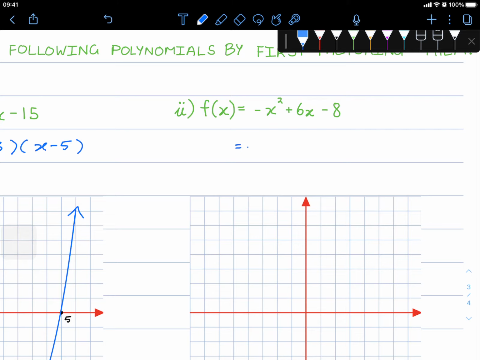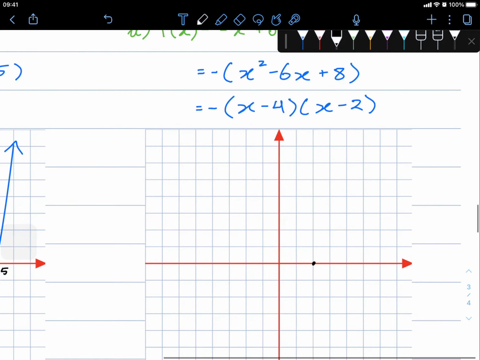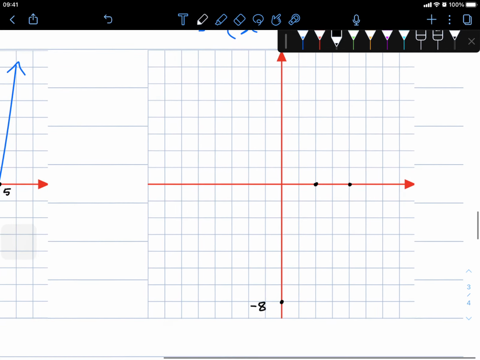So from this, we can factor out the negative. And we can factorize this once again. So negative, I can think of two numbers, -4 and -2. So that would mean the x-intercepts are at 2 and 4.